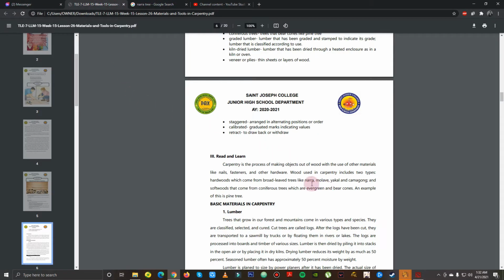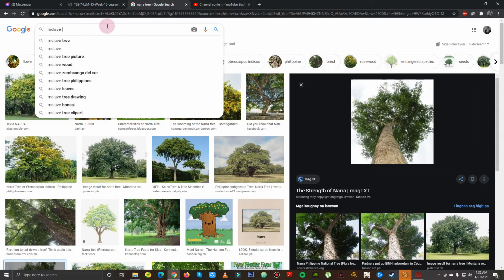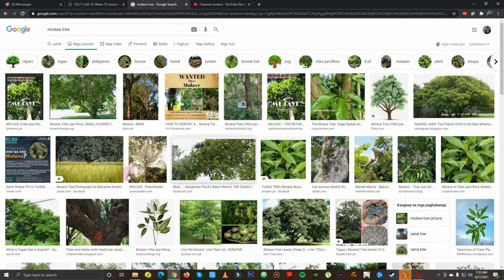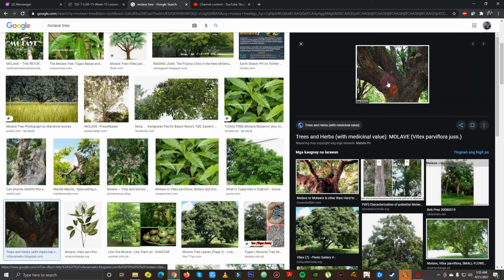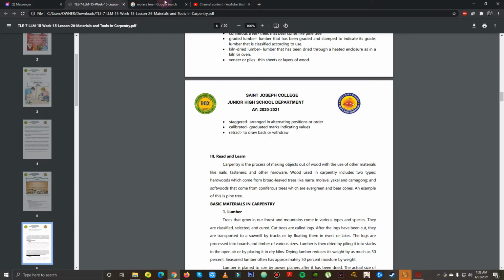And molave. Molave tree. And this is how a molave tree looks like. Here is its trunk. Molave. This is how a molave tree looks like. Next is the yakal.